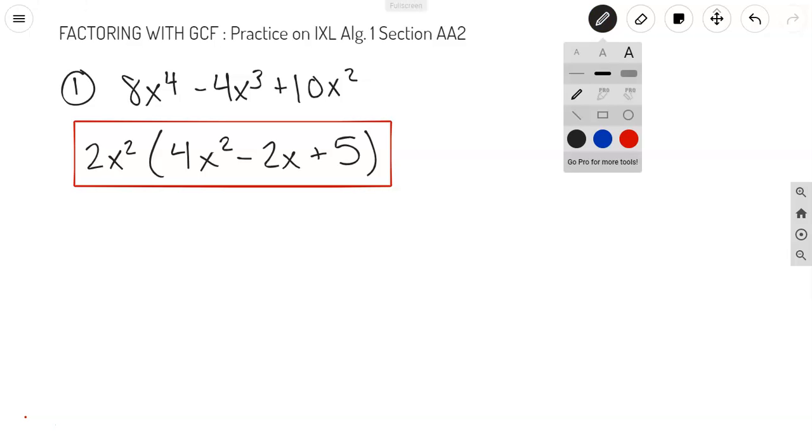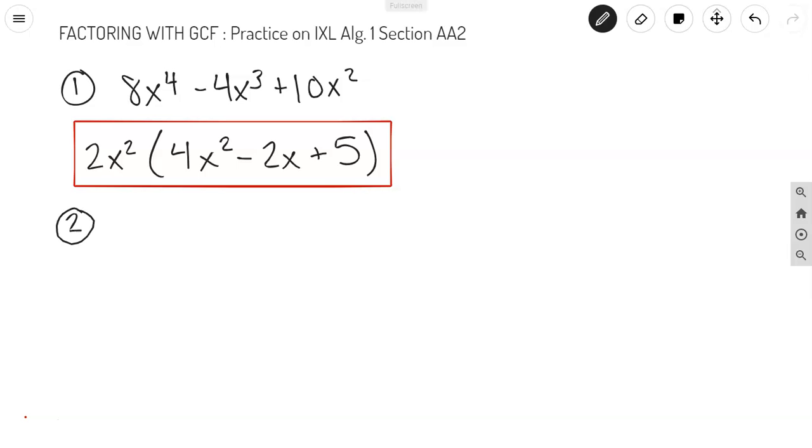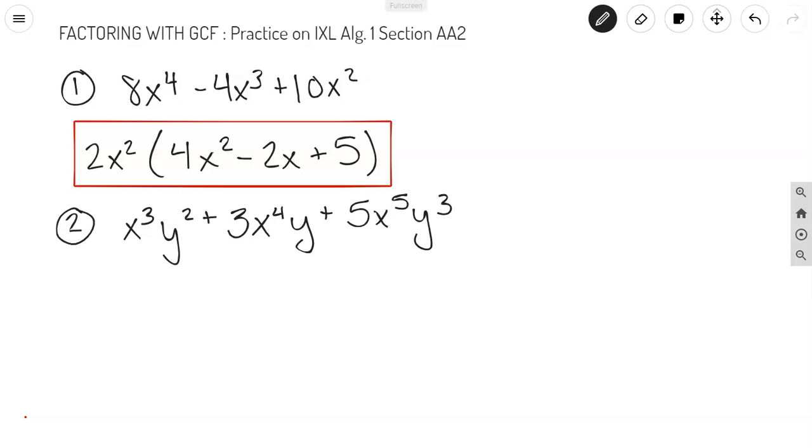Now we're going to go ahead and do example 2. So for example 2, it says x^3y^2 plus 3x^4y plus 5x^5y^3. Now looking at all these terms, I notice their coefficients are 1, 3, and 5.